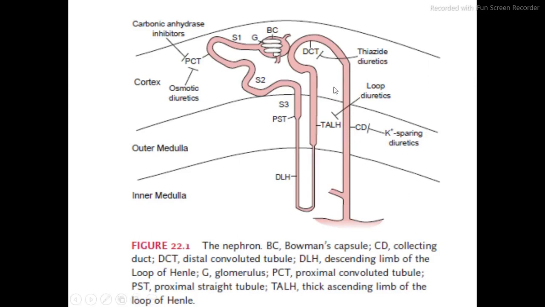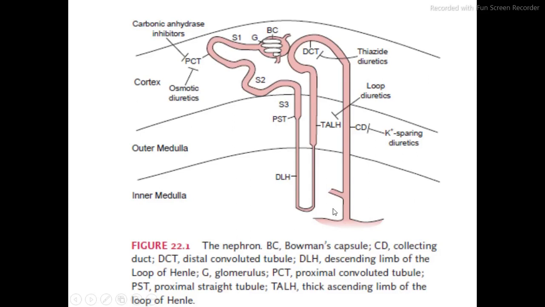Later on, after the luminal fluid has passed through all these phases, at the final stage, whatever luminal fluid is formed represents approximately 1 to 2% of the original glomerular filtrate, with more than 98% of the electrolytes and water reabsorbed. Then urine leaves the kidney through the ureter and travels to the bladder.